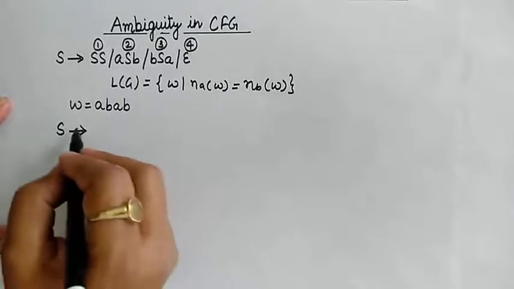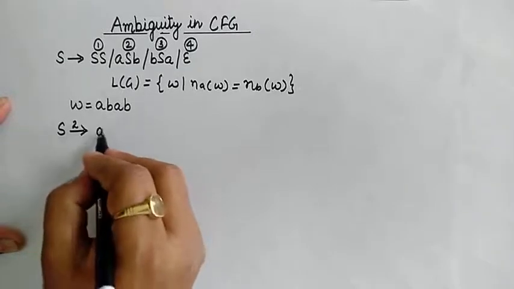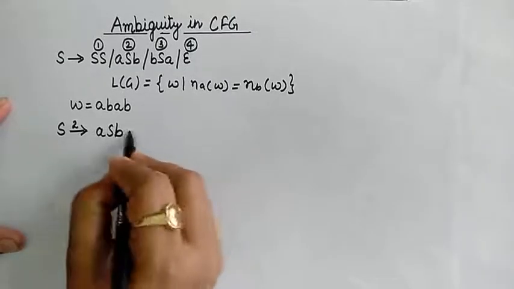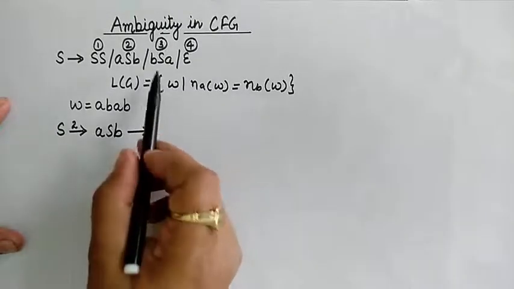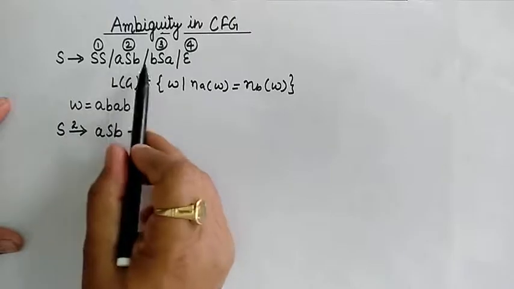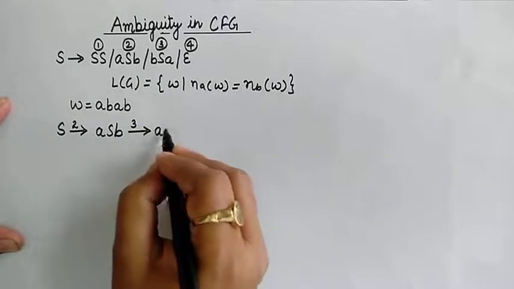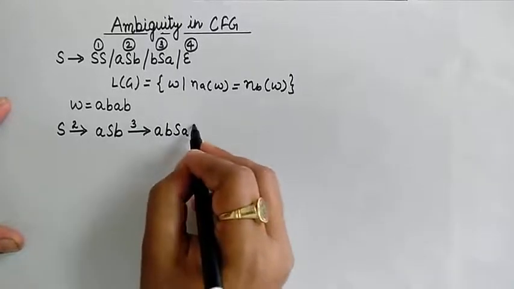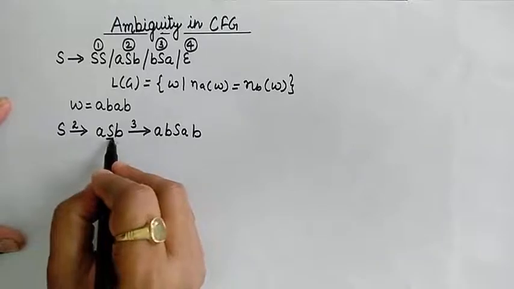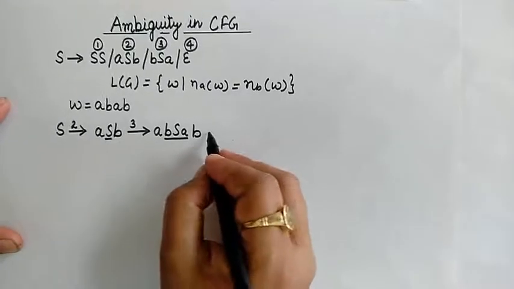So let's say I am using production number 2 to replace this S. So I'll move to ASB. Then I will use production number 3, that is BSA. So here you can see this S is replaced by production number 3, that is S → BSA.